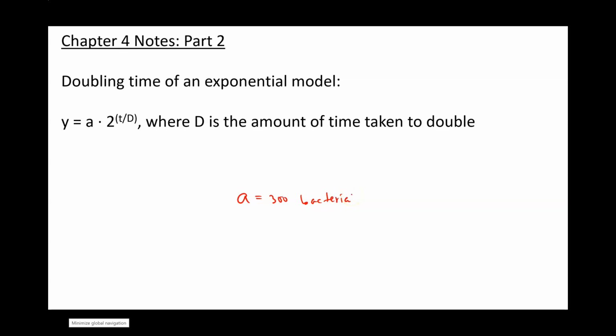Now, when we talk about doubling time, what we're essentially asking is the following. How long does it take for the bacteria to double?